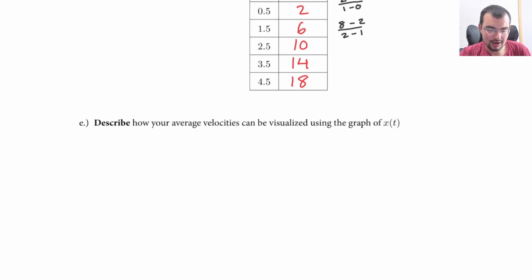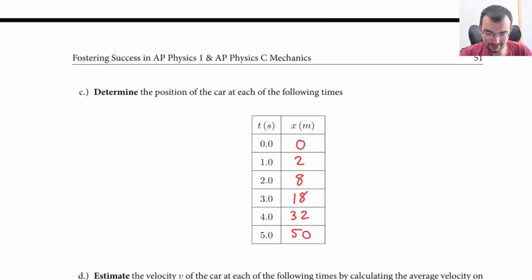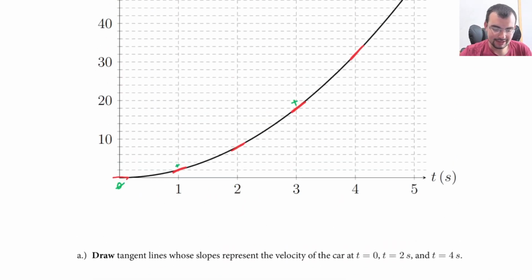All right, describe how our average velocities can be visualized using the graph of x of t. So we're asking, how can we visualize these average velocities? Well, essentially what we were doing is we said the speed at 0.5 seconds is roughly the slope of this line. The speed at 1.5 is roughly the slope of this line.